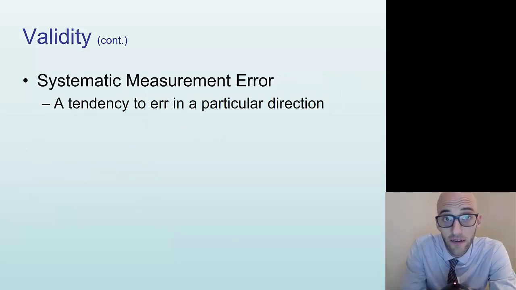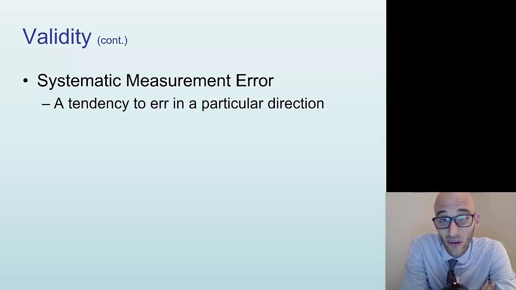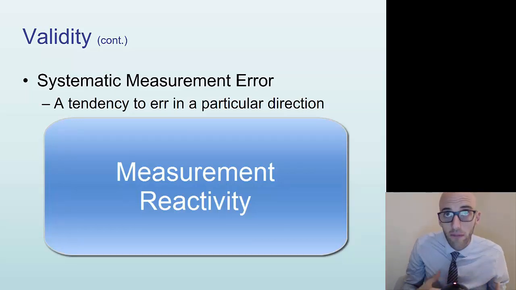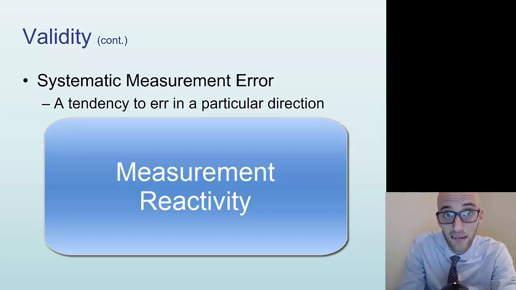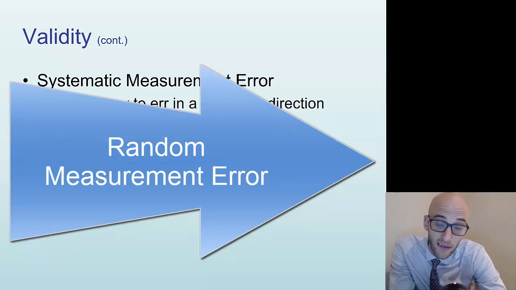So some problems when it comes to validity are systematic measurement error, a tendency to err in a particular direction. Sometimes people want to be perceived in a certain way, so we have something called measurement reactivity, or the Hawthorne effect. People might be less likely to share something that would portray them in a less positive light. There's also random measurement error, which is a little bit different in that we really can't control for it so much as practitioners.